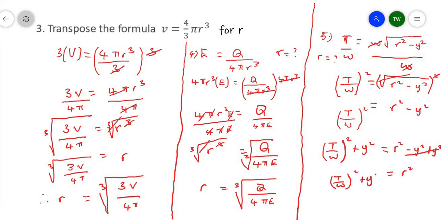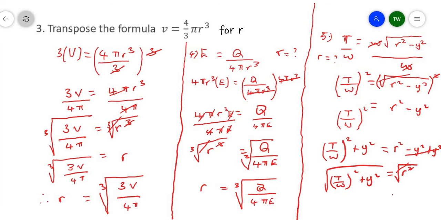Now remember, as it stands here, R squared is the subject, but you want R to be the subject. So how can you transfer this square to the other side? By taking the square root. So you can take the square root of this side, and you take the square root of this side as well. So the square root sign will take out the square.